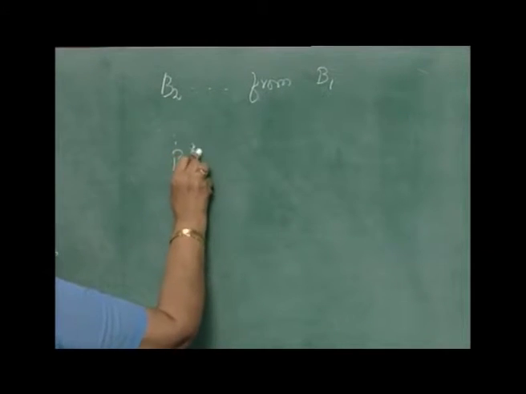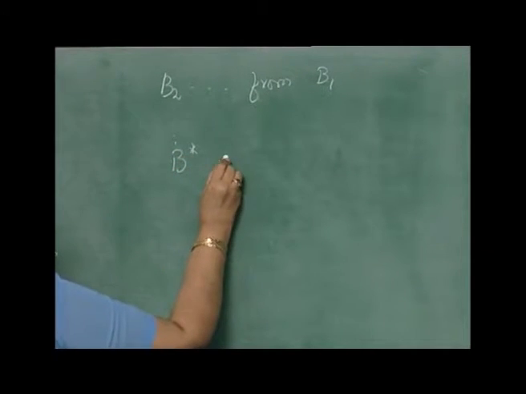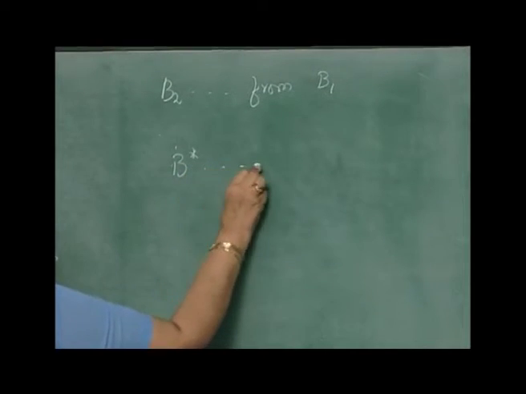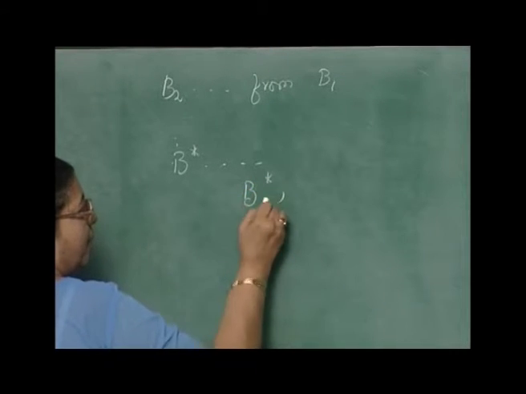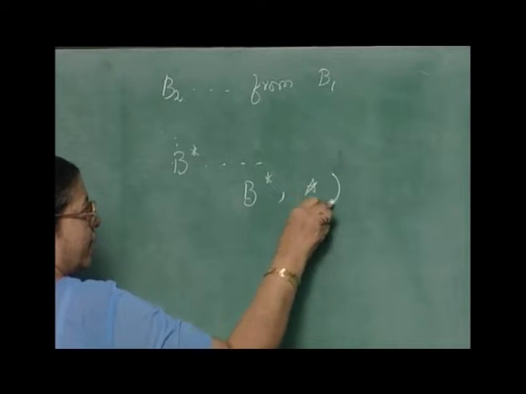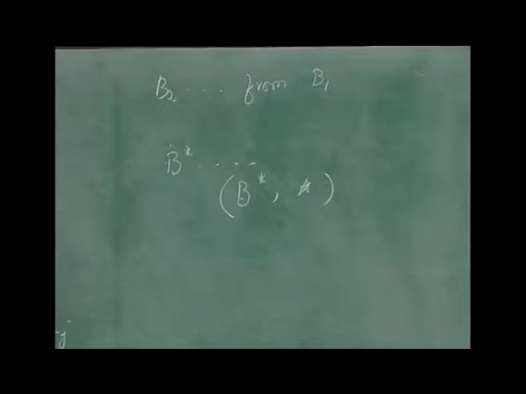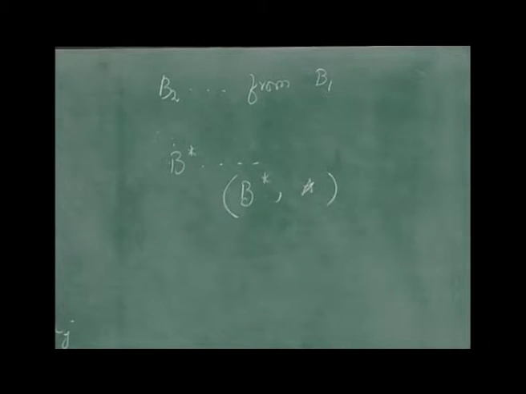B star is the union of all these sets. You consider B star with the operation star. B star is a closed set, it is closed under this operation.